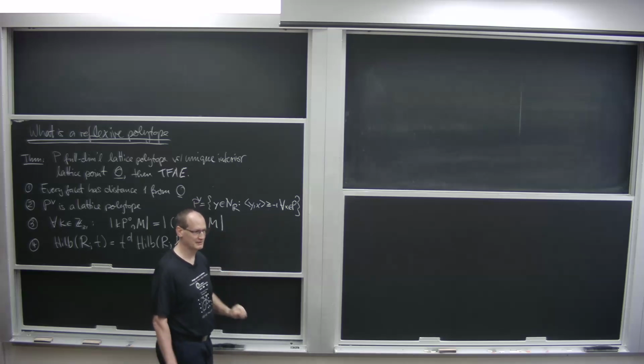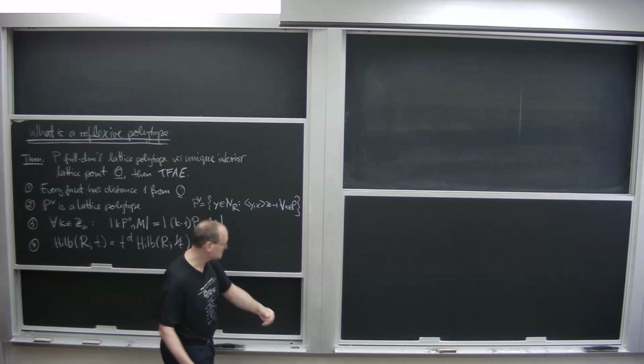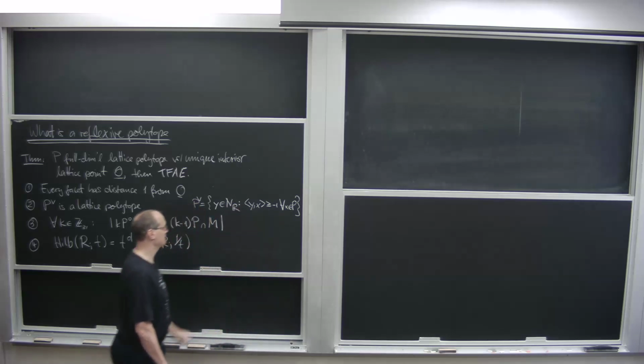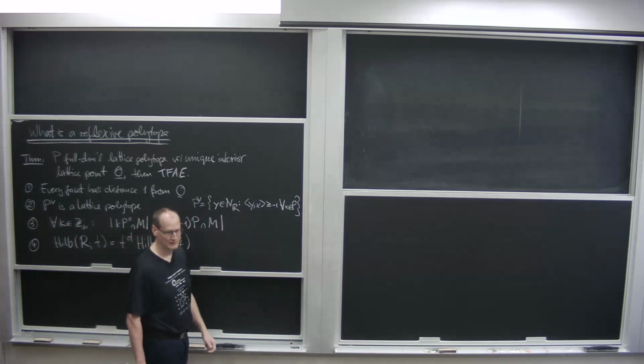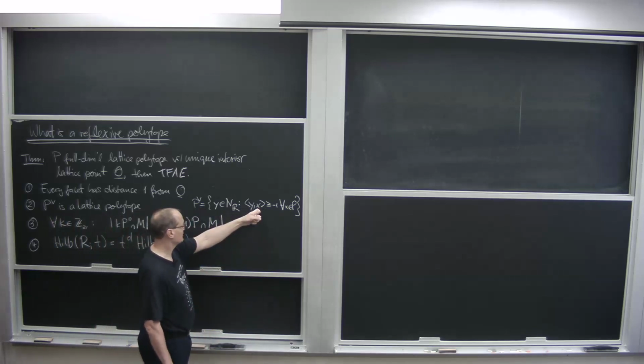In algebraic geometry or commutative algebra land, people always minimize, so they say this is greater than or equal to -1.